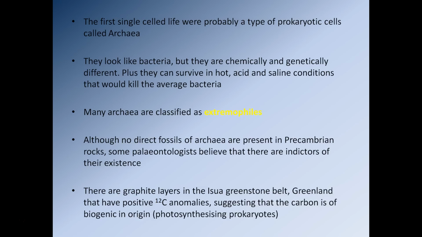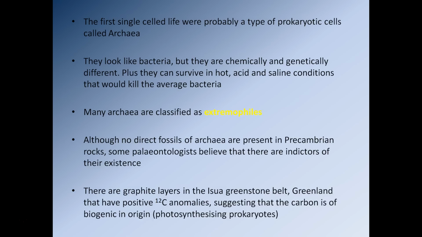So the first single-celled life was probably a type of prokaryotic cell called an archaea. And they look like bacteria, but they are chemically and genetically different. Plus, they can survive in very hot, very acid, and very saline conditions that would kill your normal bacteria. So this suggests that they are very likely the first type of organism.